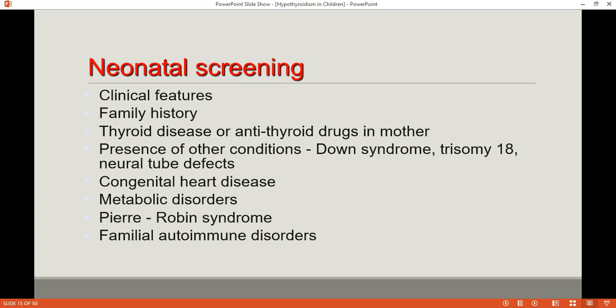So these are the syndromes associated with hypothyroidism. You must do the thyroid function test. And sometimes familial autoimmune disorders run in families. In this case, any child you come in contact with, thyroid function test must be done.